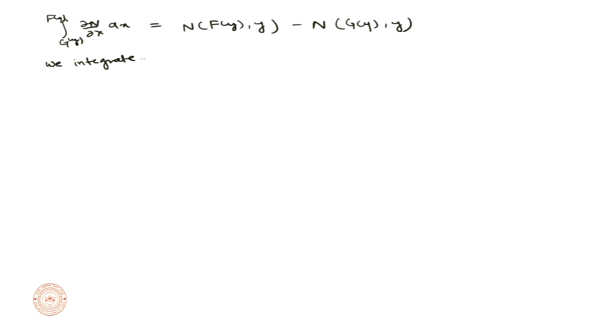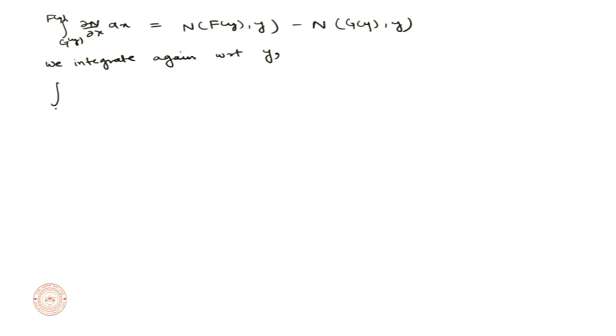So, we have the integration, in this case x going from g of y to f of y, of del n by del x dx. This equals n of f of y comma y, that is our x, minus n of g of y comma y. All right. Then we integrate again with respect to y.